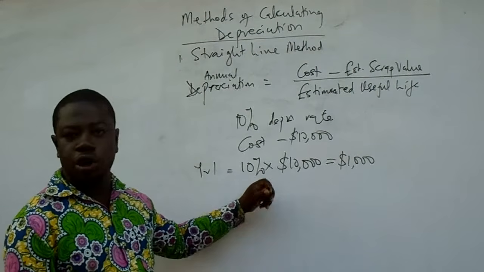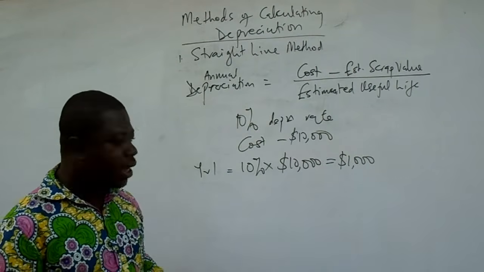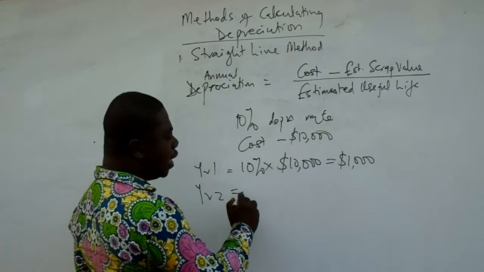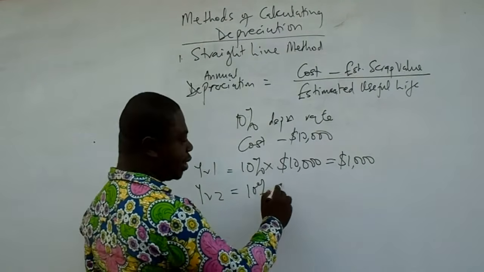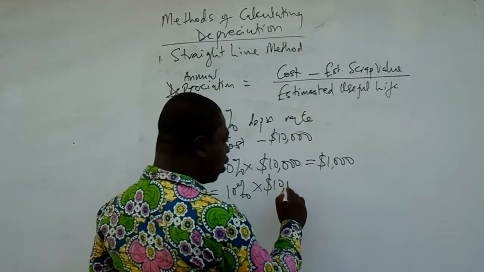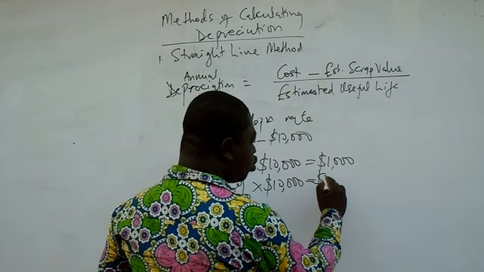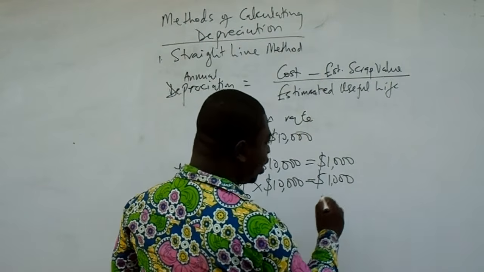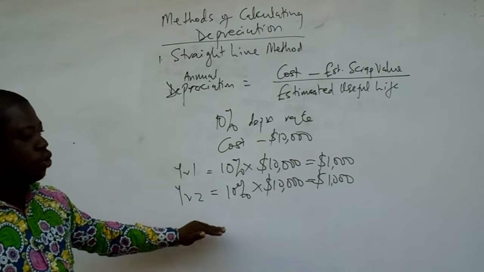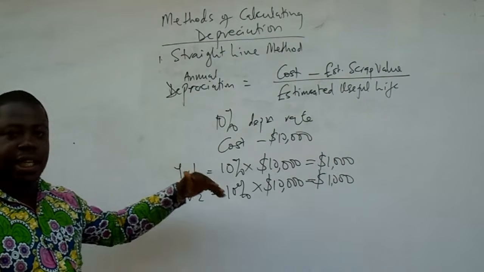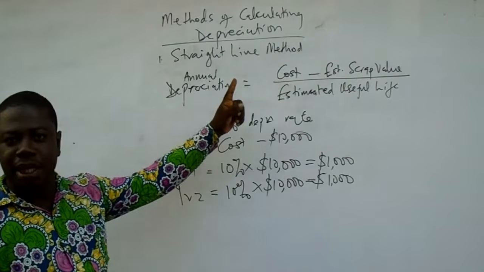Okay, this is what you are going to get for year 1. Now, in the second year, it's going to be the same 10% multiplying by $10,000, which is also going to give me $1,000. And so in year 3 it will be the same, in year 4 the same. This is what we mean by straight line method.